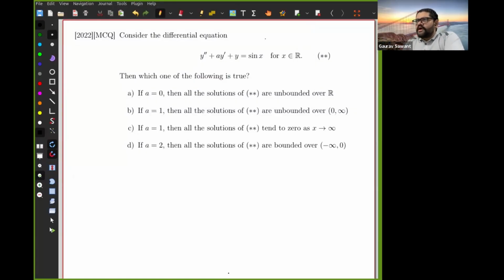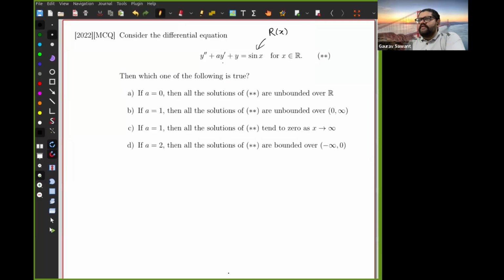So my R(x) is equal to sin x. This time there are certain values of a already given in the question. So let's see what happens in those cases.